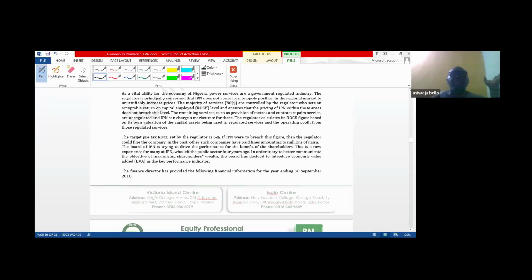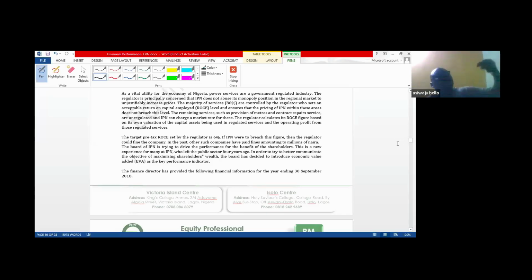Now look here. The regulator calculates its return on capital employed figure based on its own valuation of the capital assets being used in regulated services and the operating profits from those regulated services.